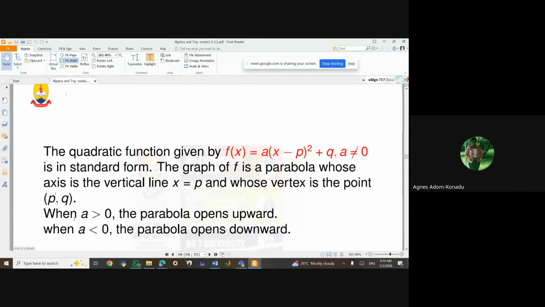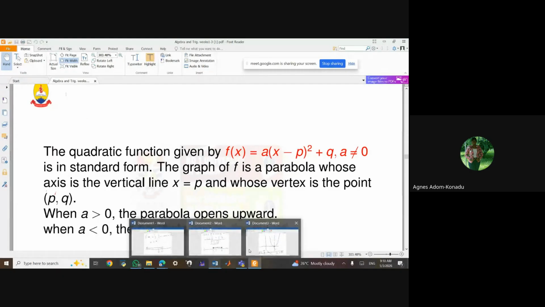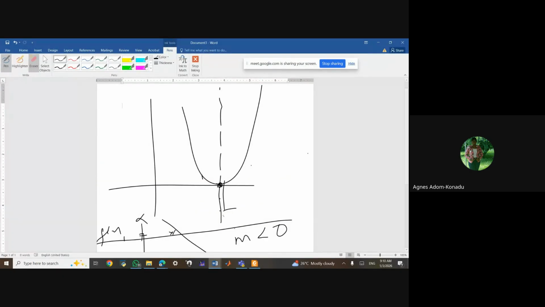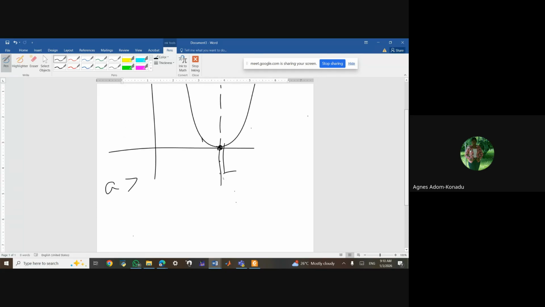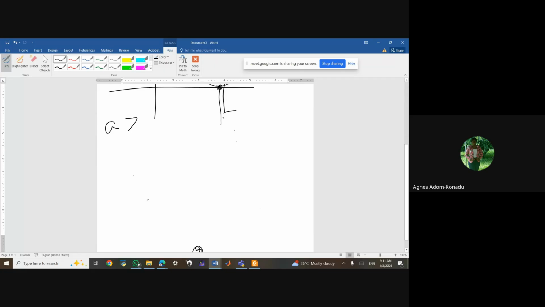Now, when you have a parabola, if my a is greater than 0, it means that the parabola opens upwards. What I mean by upwards is, it opens like this. So if my a is greater than 0, then the graph will look like this. If my a is less than 0, then the graph will look like this.